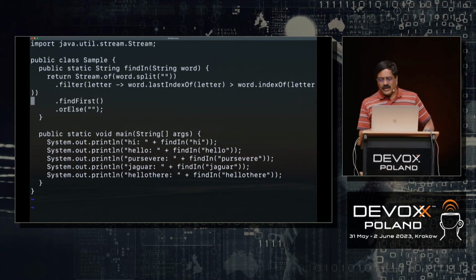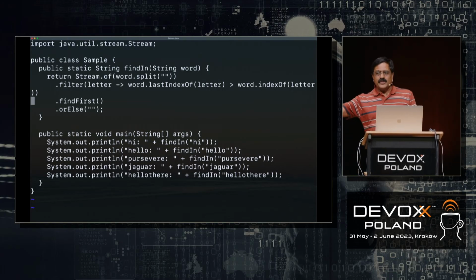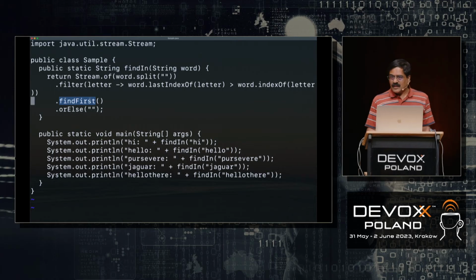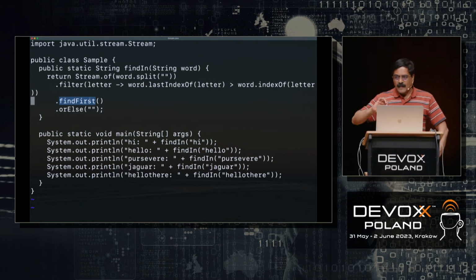Once again, we can think of a lot of complex ways to do this, but as it turns out, it is fairly simple, maybe even trivial once you think about it. But really, the idea here is the findFirst. The findFirst function is really useful because it is lazy evaluation. The minute it finds the first one, it's not going to evaluate the rest of the letters.